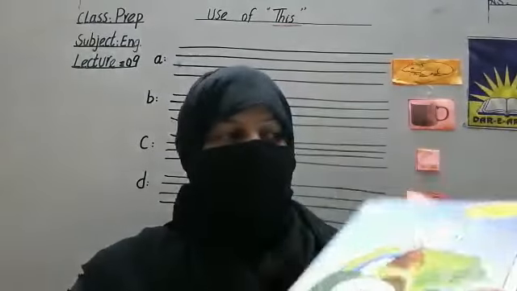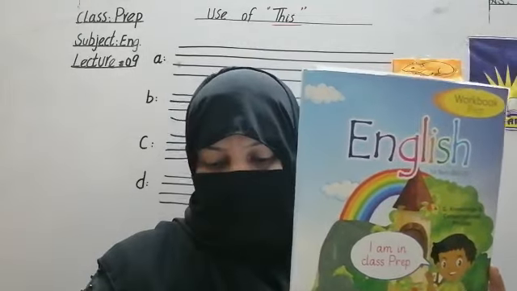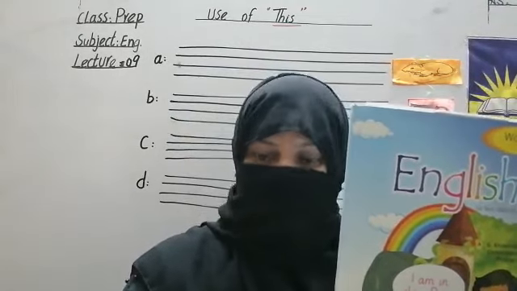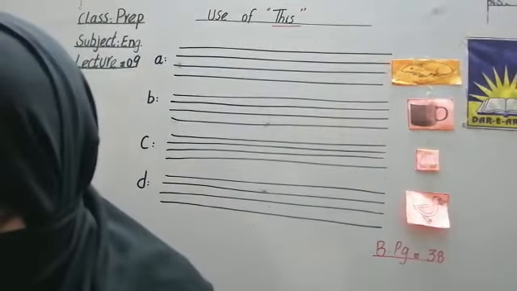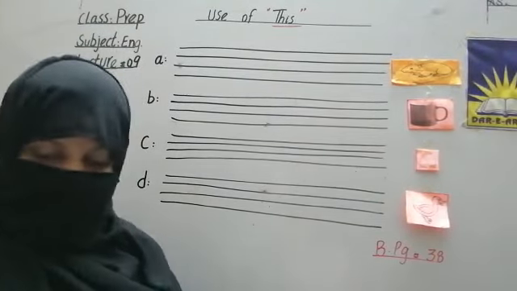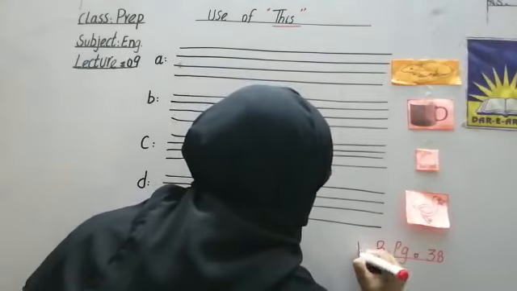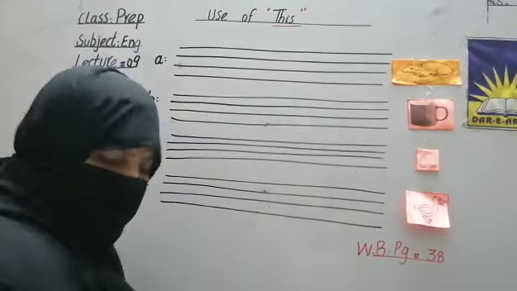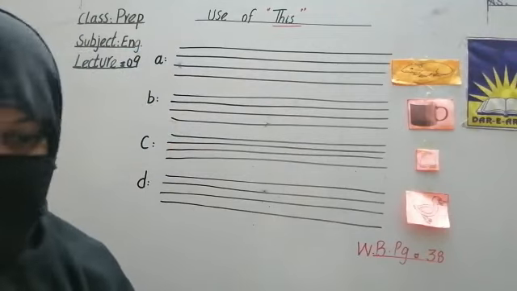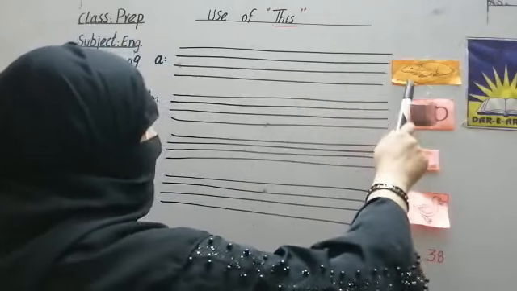Now students, open English workbook. Yes, and take your pencil in your hand. Good. And open the page number, workbook page number 38. Good. Students, look at the board and tell me what is it.